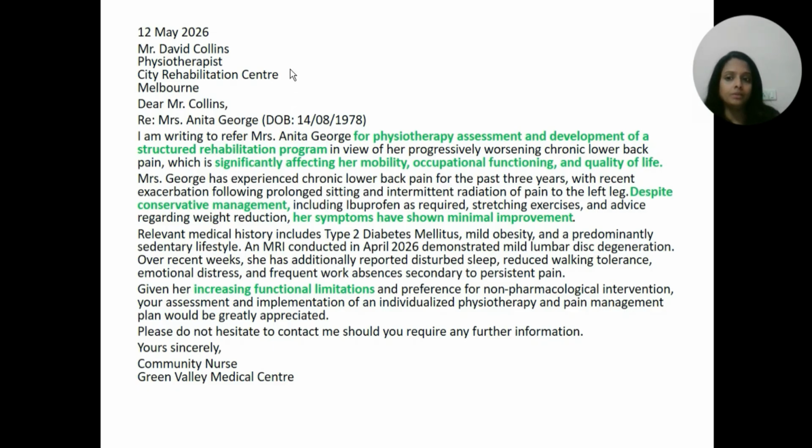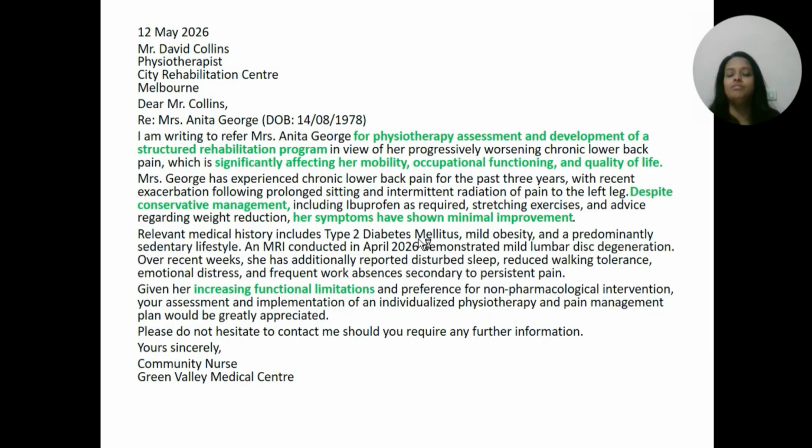You can look at the opening: "For physiotherapy assessment and development of a structured rehabilitation program." This immediately tells the reader why the patient is referred, what support is required, and what action is expected, right? So this is very precise. Then you can look at this structure: "significantly affecting her mobility, occupational functioning, and quality of life."